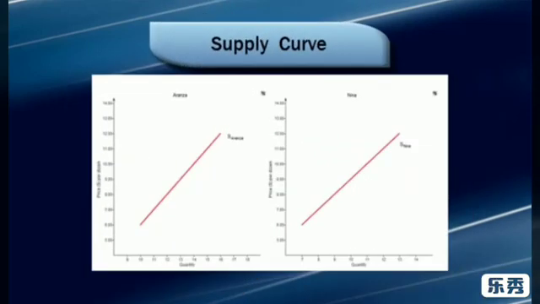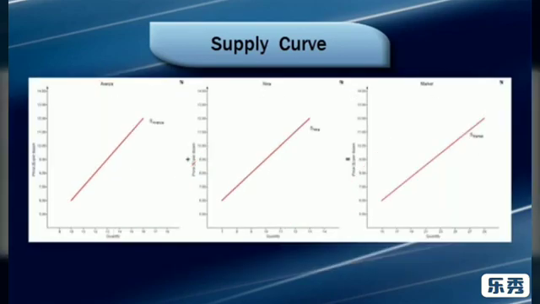Now we can also see this graphically by looking at the market supply curve, which is created from each individual supply curve. And here are the individual supply curves for Aranza and Nina. Now, to create the market supply curve, we're simply going to add up the quantity supplied at each price, and that's shown on the supply curve.